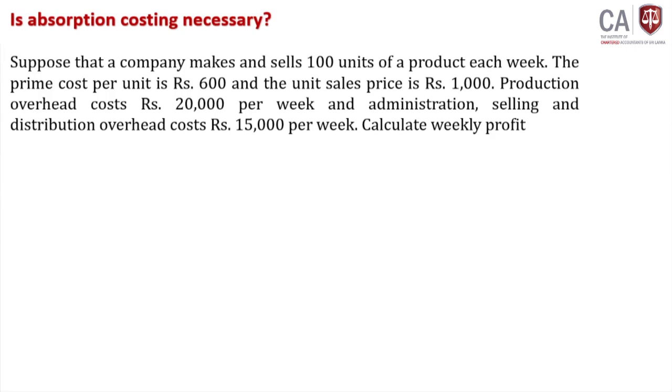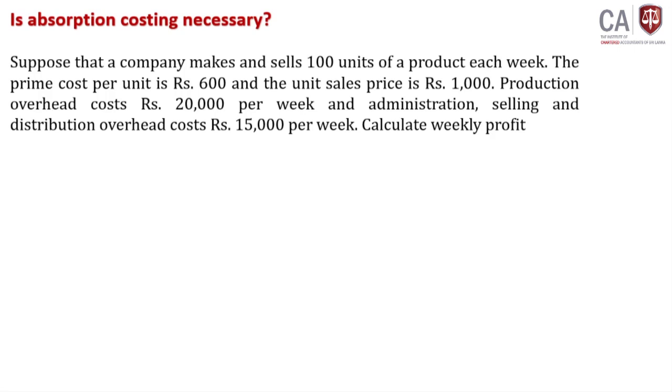Sales, how much? Unit price: they sell 100 units, per unit selling price 1000. The total sales value is then 100,000.